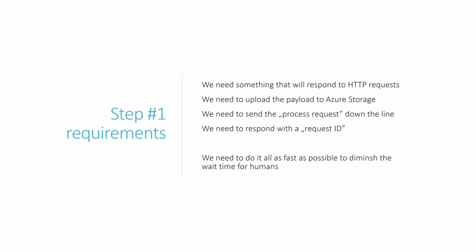That something needs to handle the HTTP request as soon as possible without too much delay, upload all the data to Azure storage, and before responding with a 202 accepted, pass the process request down the line.